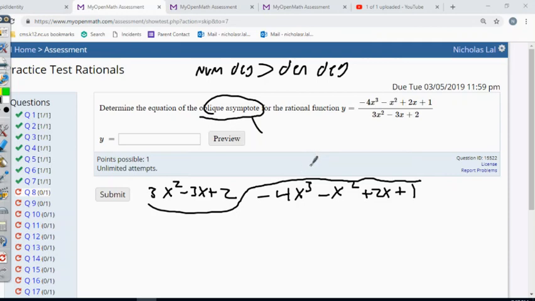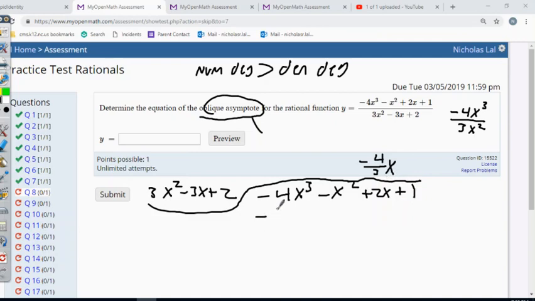So we need to find terms that are going to multiply. So we have to do negative 4x cubed divided by 3x squared. So that's going to be negative 4/3 x.